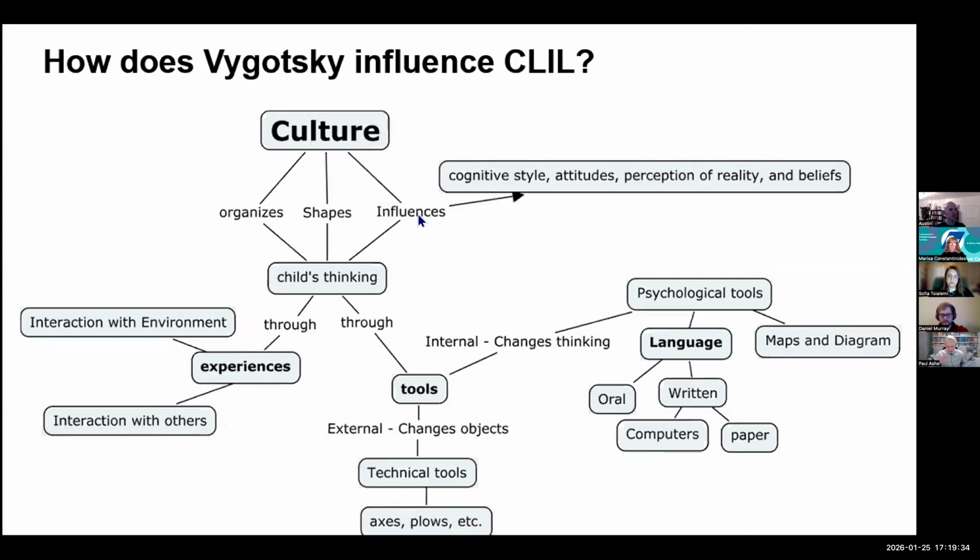So we'll have a look here at, well, we've mentioned culture, we've mentioned language, methodologies, approaches as well. Rather a complex diagram, but we can see how it's all kind of connected. And if we think about how it's related to everything we've spoken about as regards CLIL, it's kind of all there, isn't it?